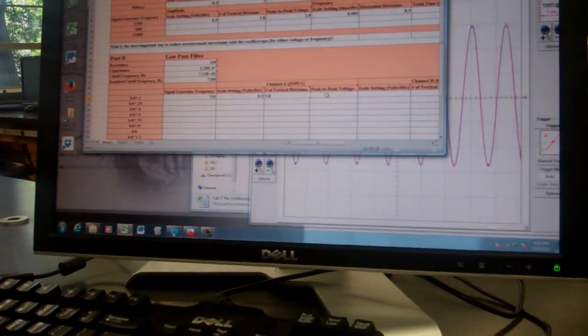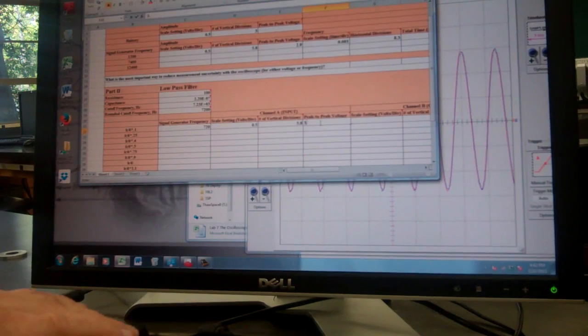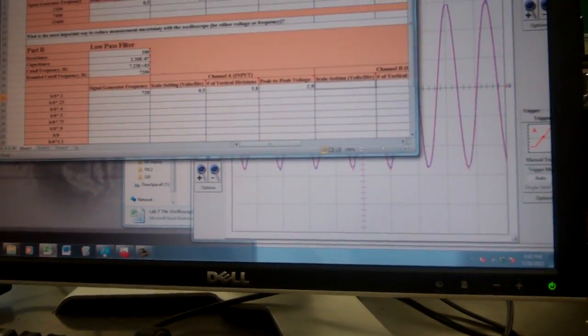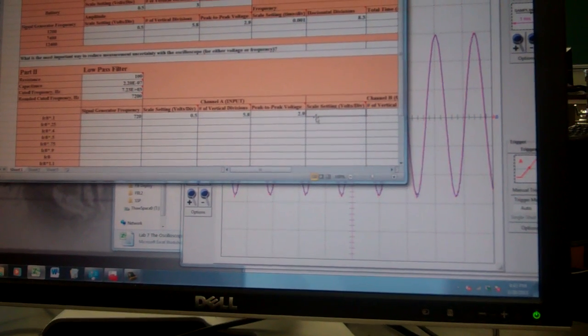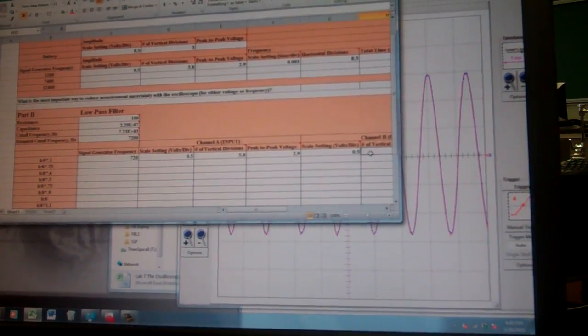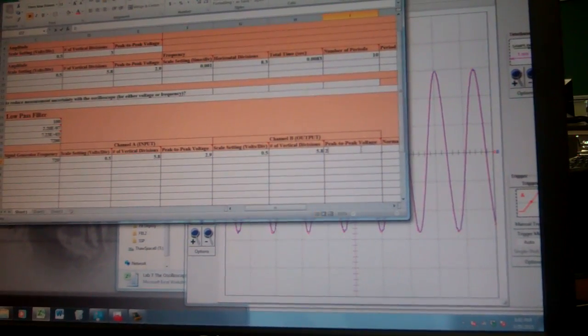Just make a good estimate. The peak-to-peak voltage then will be 2.9. Then we'll do the same thing for channel B, and as you can see, it's going to be the same. The scale setting is still 0.5. The number of vertical divisions is still 5.8. The peak-to-peak voltage will still be 2.9.